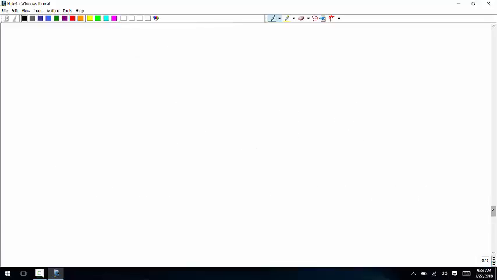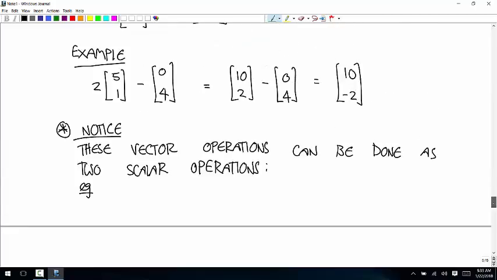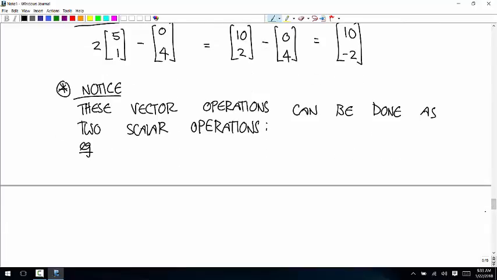For example, this thing above is the same thing as saying 2 times 5 minus 0 is equal to 10, and 2 times 1 minus 4 is equal to negative 2.